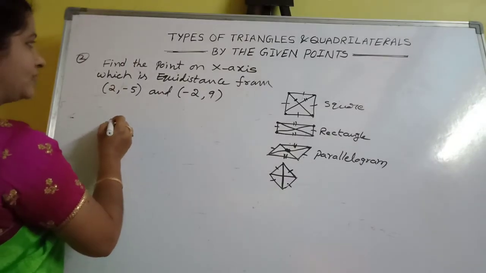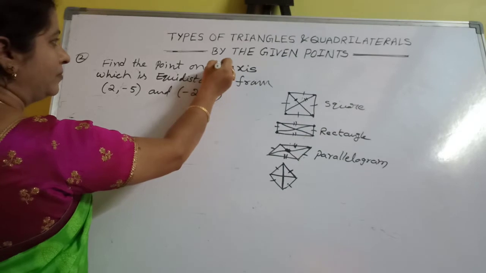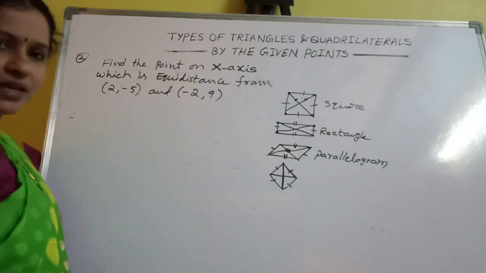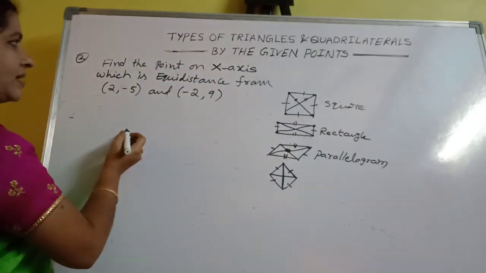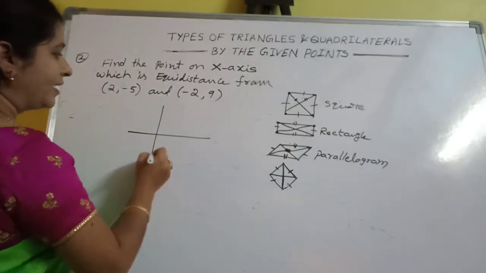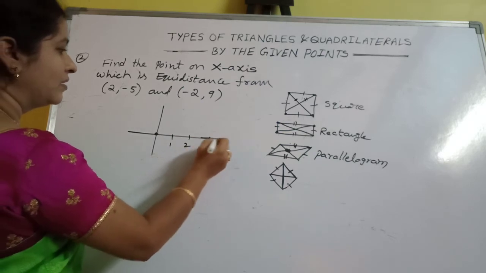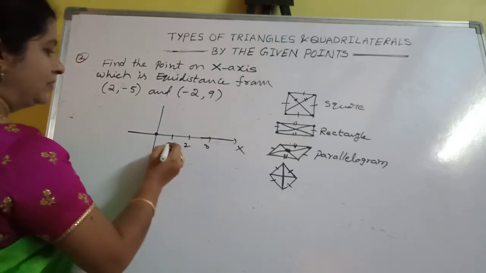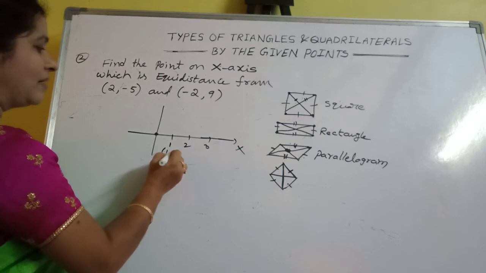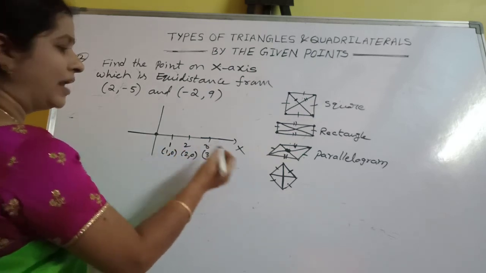So on the x-axis, what is the form of the points? On the x-axis, all the points are like (1, 0), (2, 0), (3, 0), like this.